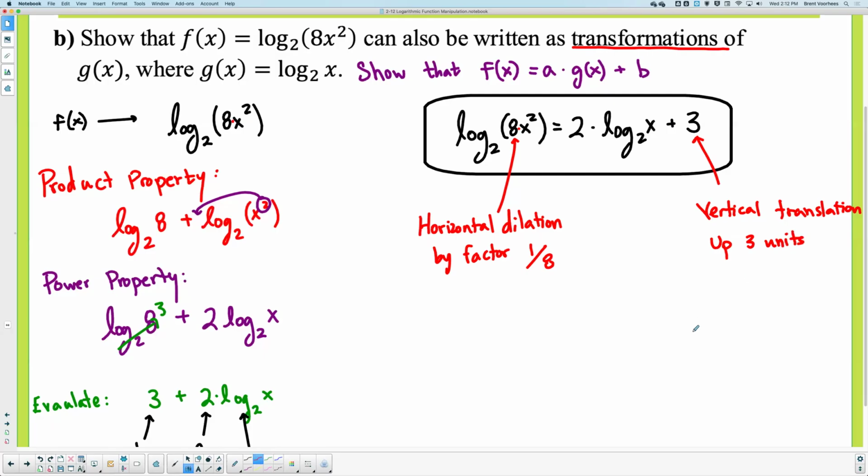Up 3 units. That 2 right there came from this 2. I don't know how you would label that as a transformation, but I do know this would be called a rule breaker, remember? X to a power is not part of the rules. This would be horizontal or vertical? Is that inside the log or outside? That makes it vertical.